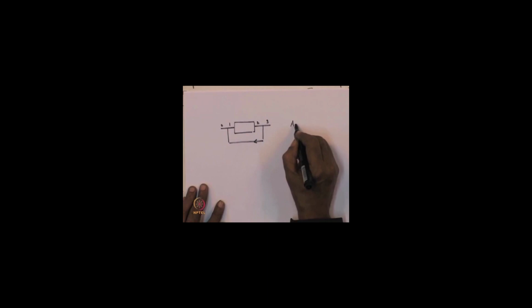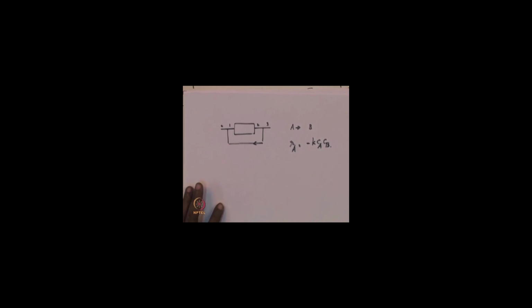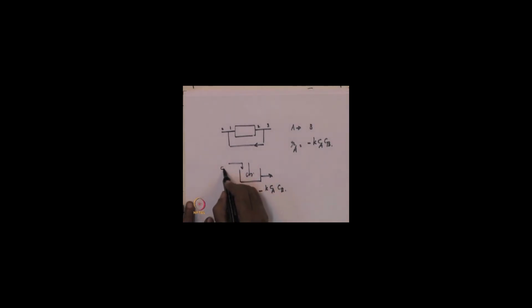So, when we have an autocatalytic reaction A going to B and R A is minus k times C A and C B, okay, we said that if this reactor is a stirred tank, which means it comes in and goes out, then R A is minus k times C A C B, then it is not necessary to have C B 0. C A 0 is finite, but C B 0 can be 0. Even then the reaction will proceed.